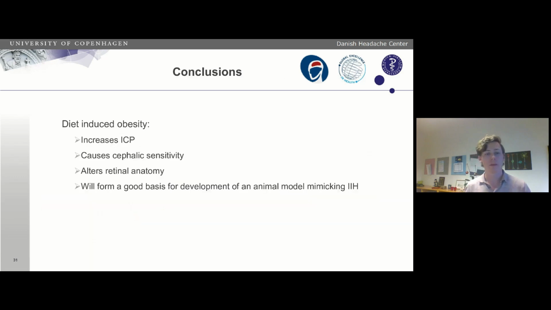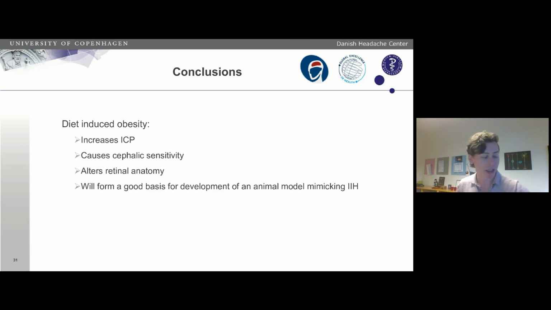So the conclusions from this study: diet-induced obesity increases intracranial pressure, causes cephalic sensitivity, alters retinal anatomy, and for us as a group, diet-induced obesity will form a good basis for the development of an animal model mimicking IH. Because, of course, this study is not in IH rats. It is simply diet-induced obesity.